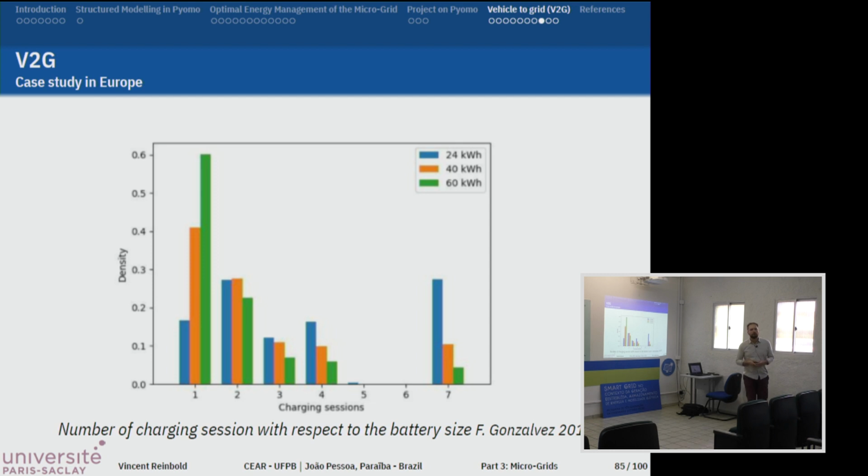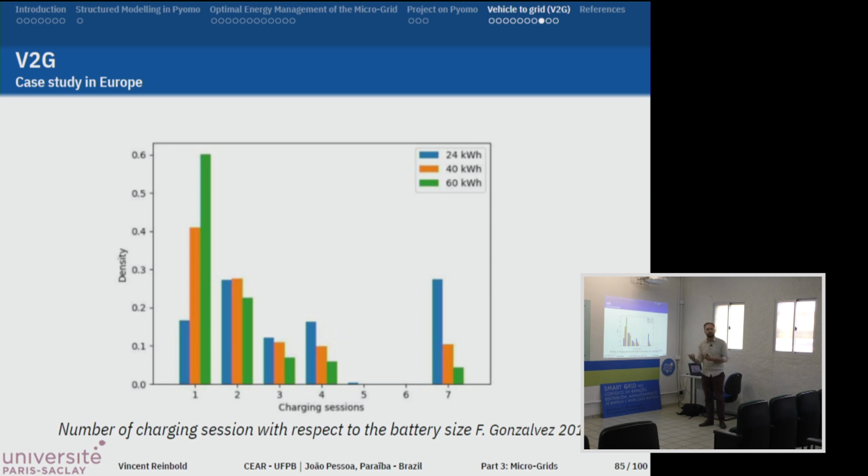Okay. What's the problem with the big size battery when we think about flexibility? The problem is if the user only connects his vehicle once a week, then we are not that flexible.